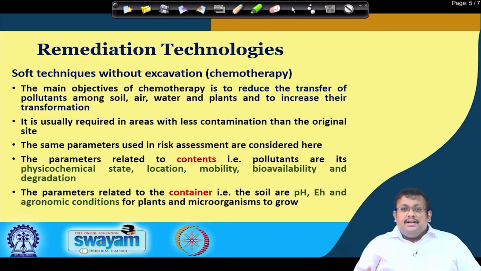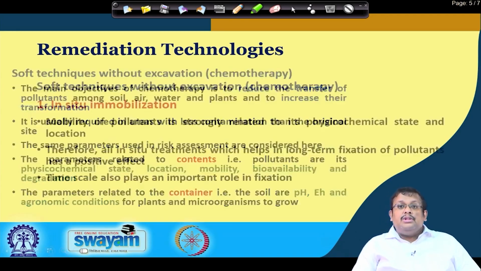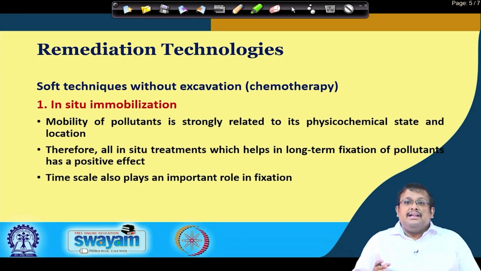All these are considered for developing a suitable soft remediation or chemotherapy technique. We have completed the hard techniques, let us consider the soft techniques. The soft techniques are done without the excavation process, so they are also known as chemotherapy.